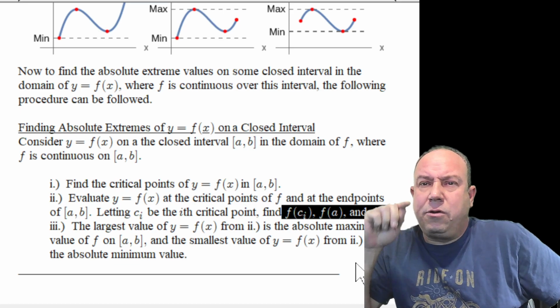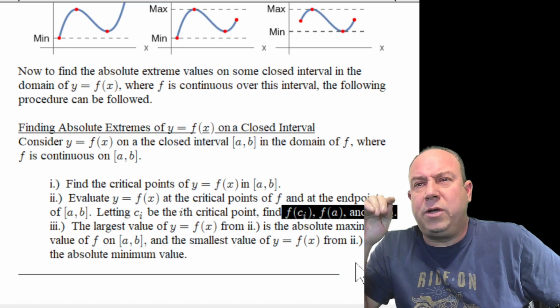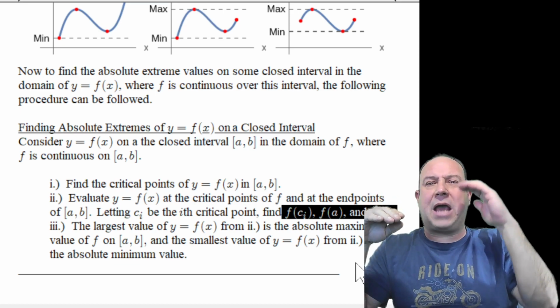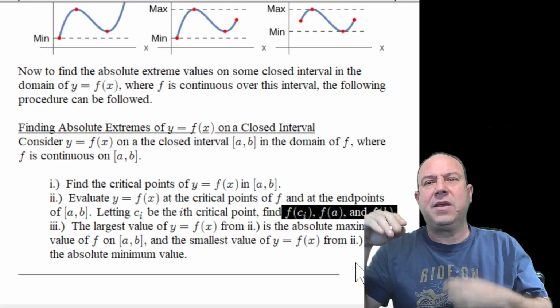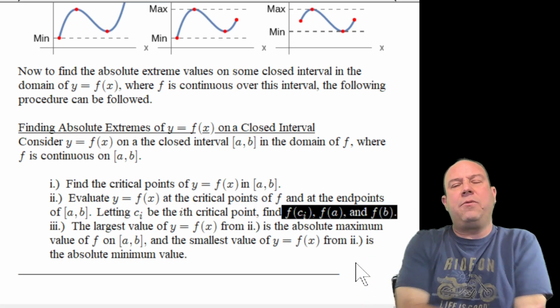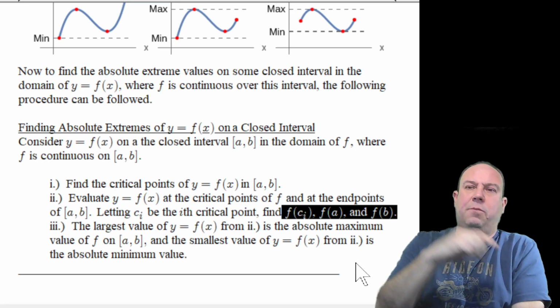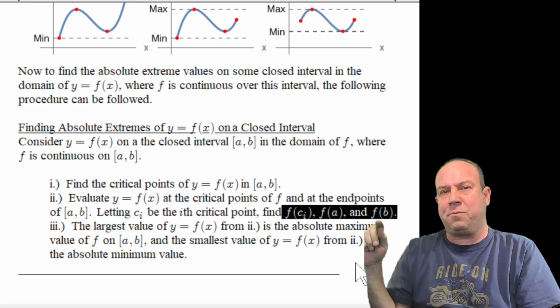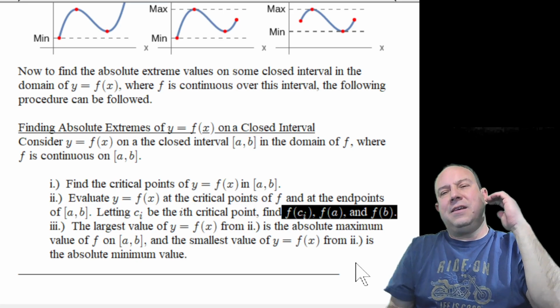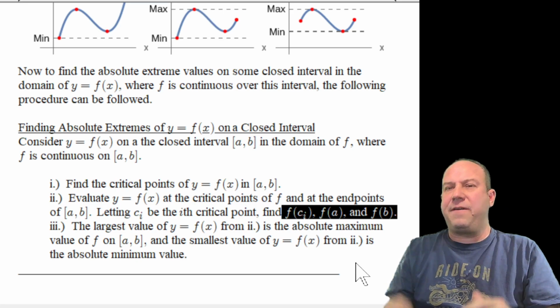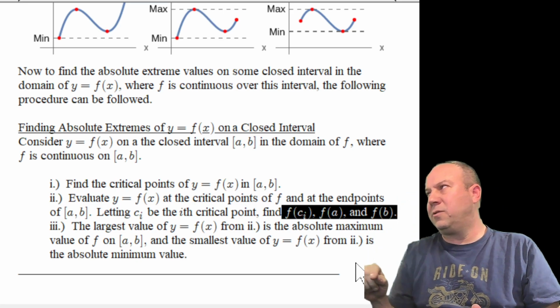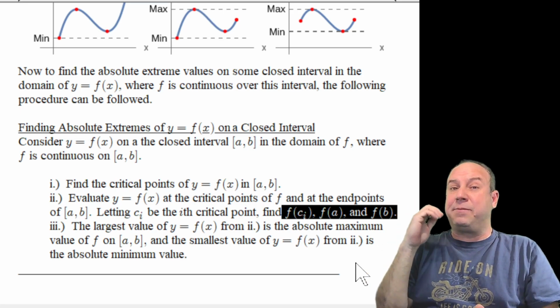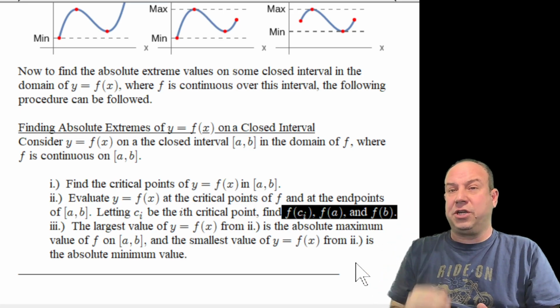Since we know those critical points or those endpoints will be where we expect absolute maximum or minimum values, the largest value that we find for f at either those critical points or those endpoints will be our absolute maximum. And the smallest value we find for f at those critical points or at those endpoints will be the absolute minimum value of our function.